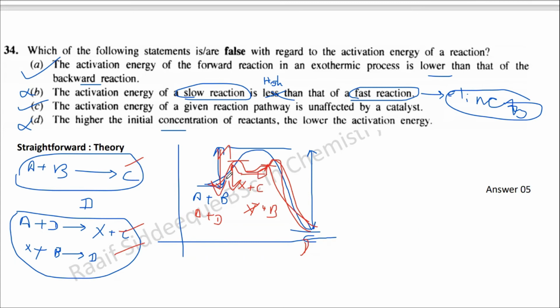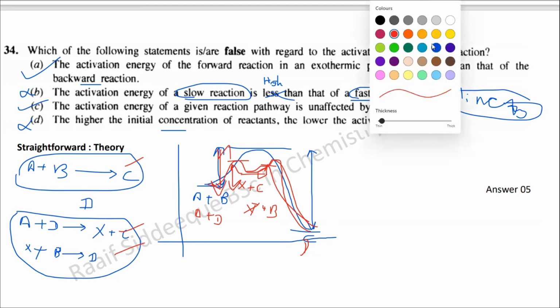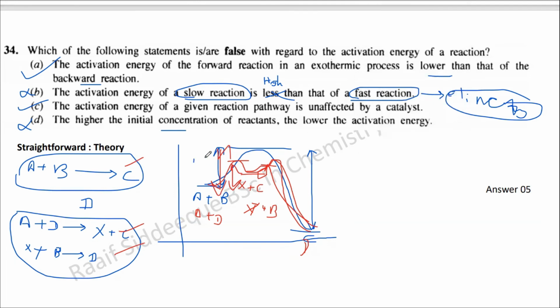So when you consider these two steps, each of them should be lower than the uncatalyzed one. For example, if the uncatalyzed energy is 100 joules, and one step of the catalyzed path is also 100, and the other is, let's say, 20, this is not a good catalyst.